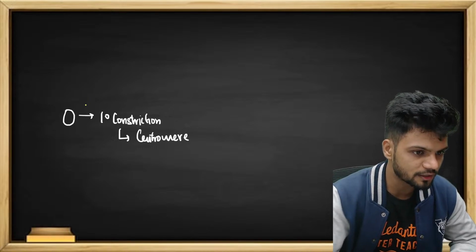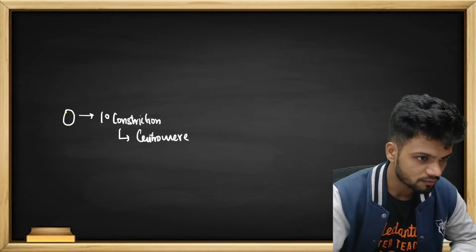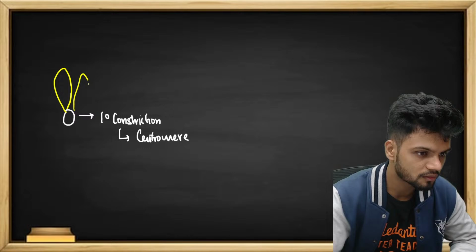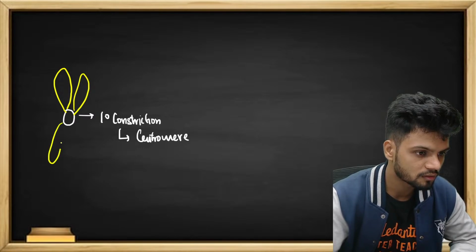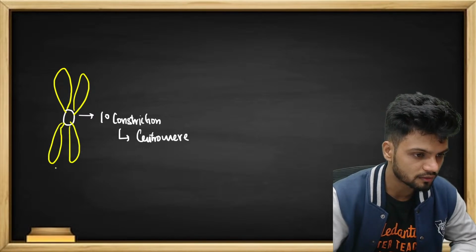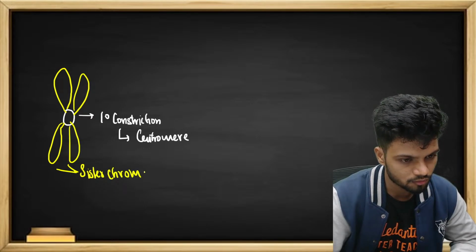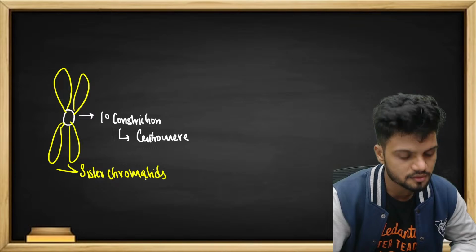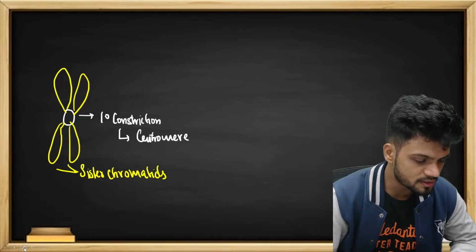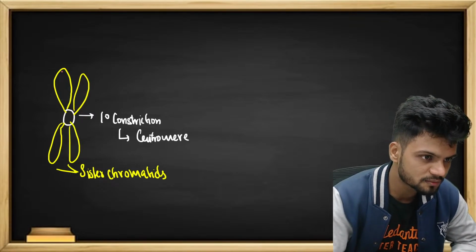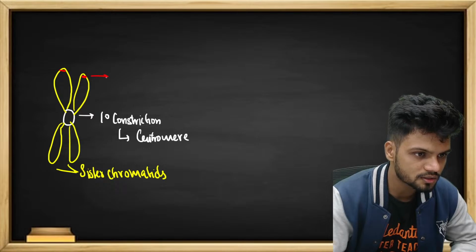Now on this centromere, we have the sister chromatids. Now on the sister chromatids, students, the end part, can you see this? This end part is called telomere.